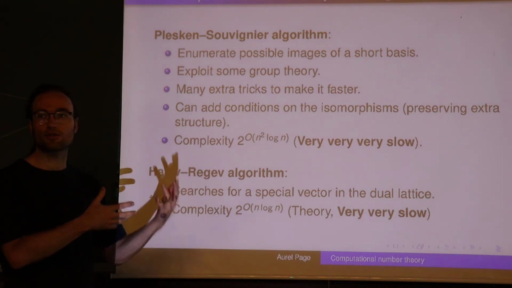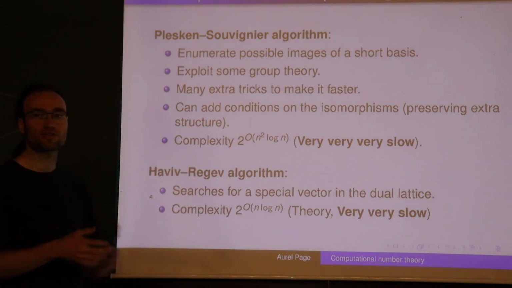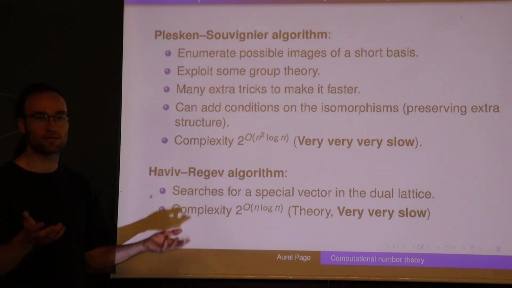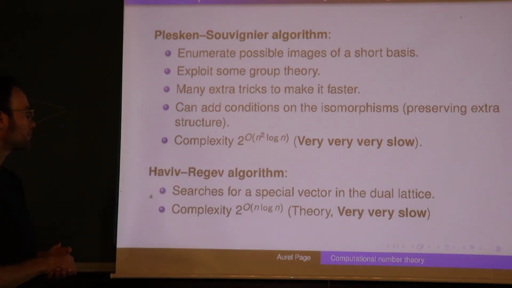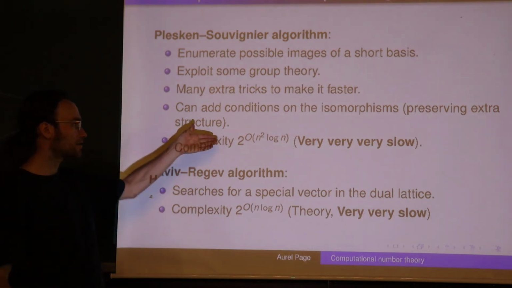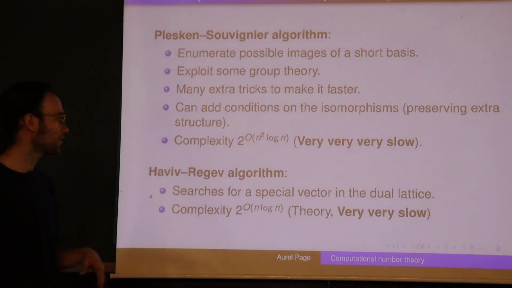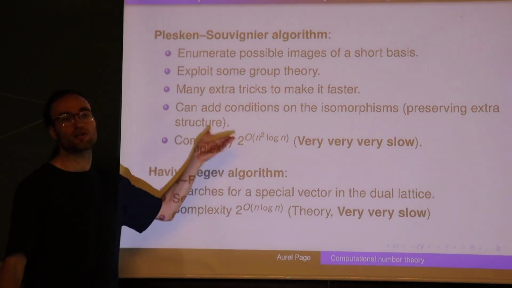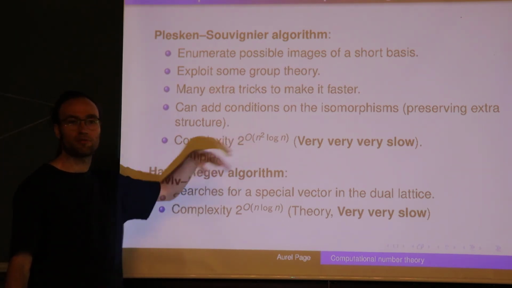If your lattice is not just a lattice but has extra structure, you must preserve some extra bilinear form, or it commutes with some action of other endomorphisms, you can incorporate that. And the complexity is something quadratically exponential, so you can apply this only in quite small dimensions, maybe 10 to 12, something like this.